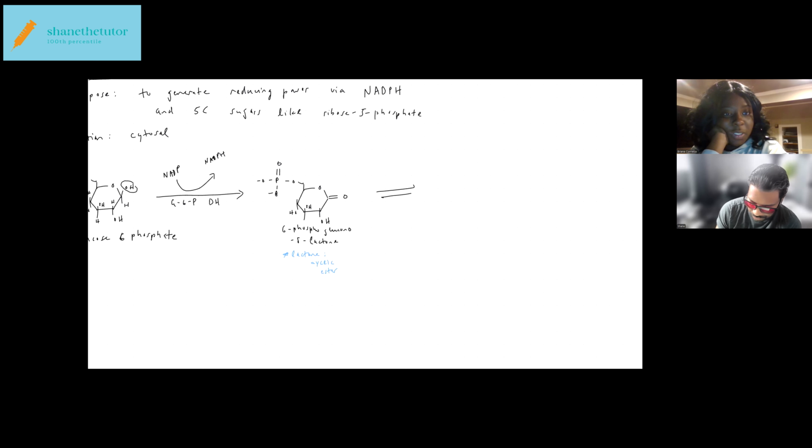And so, if you add H2O, the reverse would be dehydration synthesis if it's going backwards.